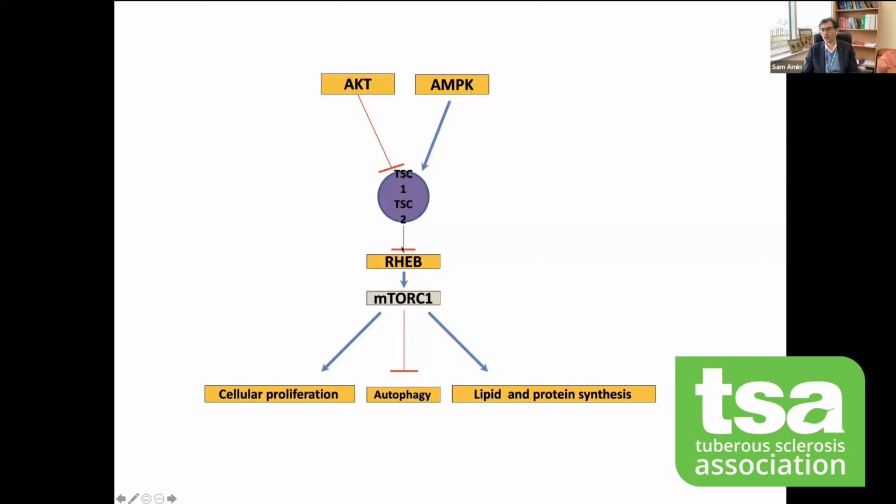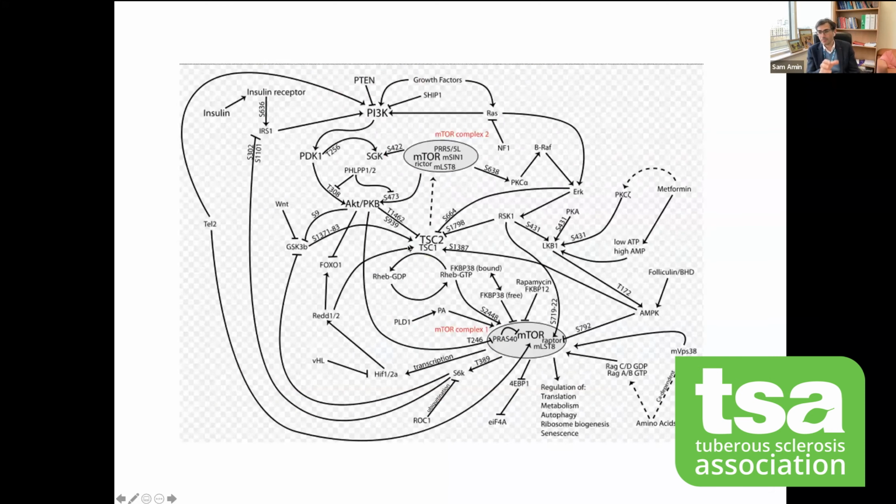There is nothing to stop them. But obviously the pathway is much more complex than this. As you can see, the genes are here, but they are linked with lots of other proteins and pathways in the cells. And that's why you get a lot of problems with TSC.